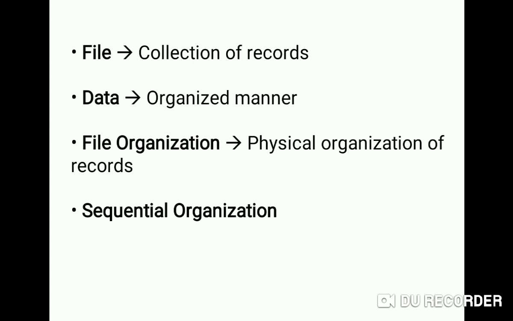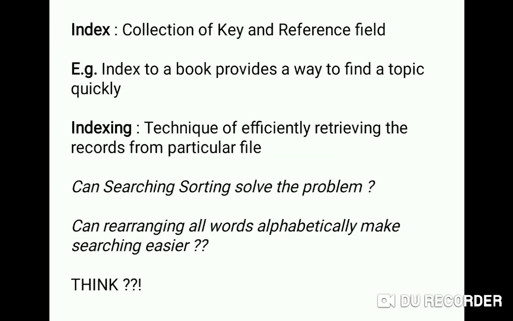To have the least searching time, we have the concept of an index. So now let's see what an index is. An index is a collection of key and reference field. Let's take a simple example, the book index.